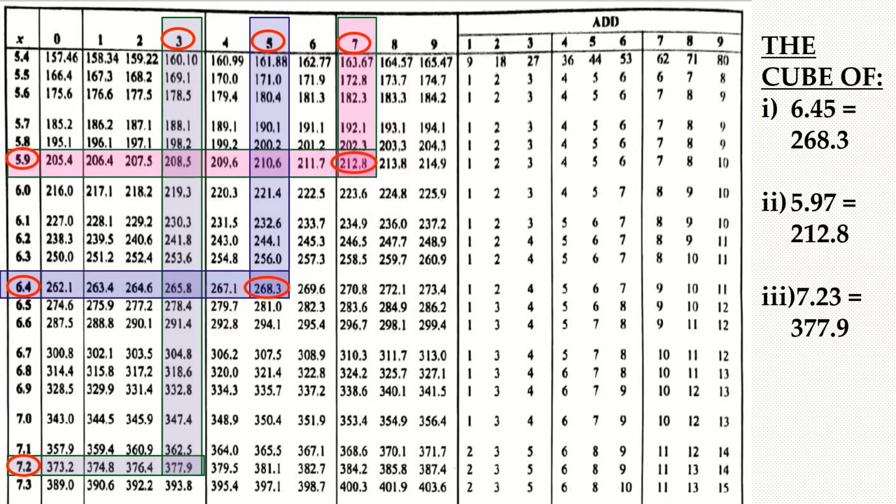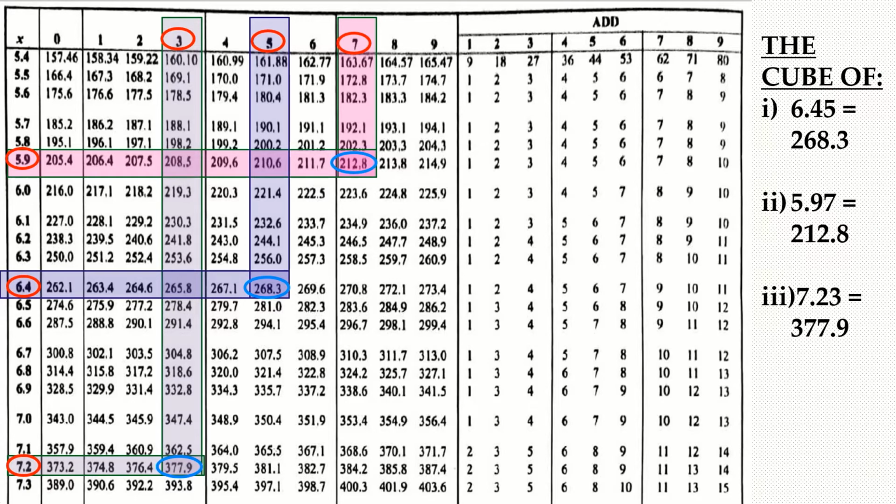So in any case that you're finding the cube of numbers, first ensure that you have written the numbers in standard form, because our tables will just carry numbers between 1.0 and 9.99. Therefore, you'll be able to work it out.